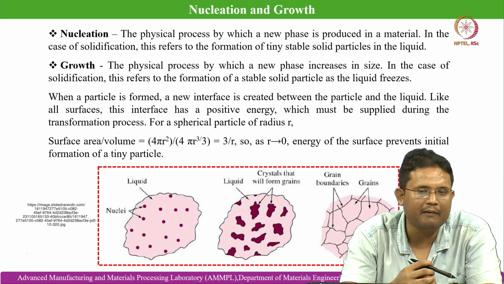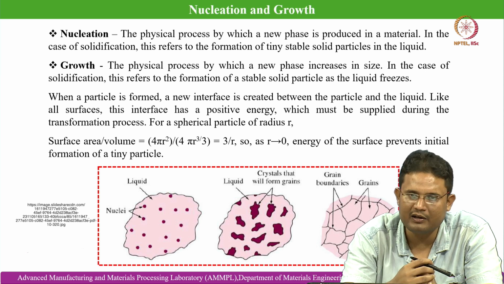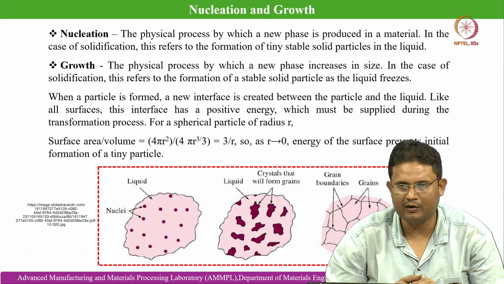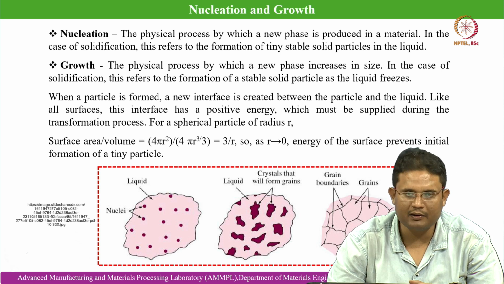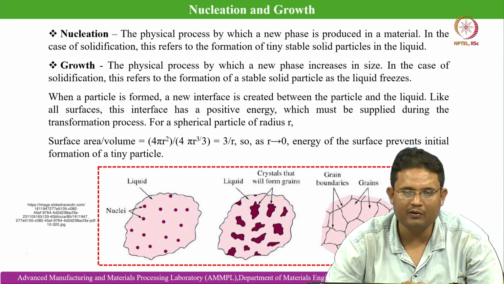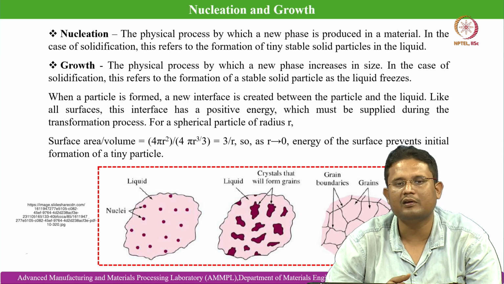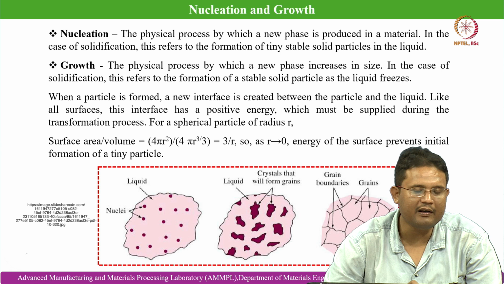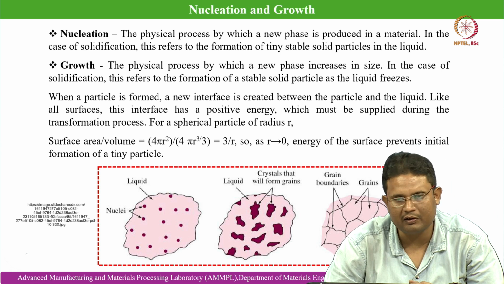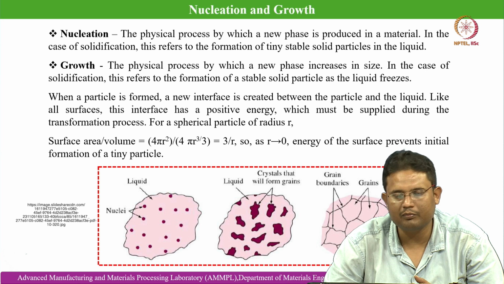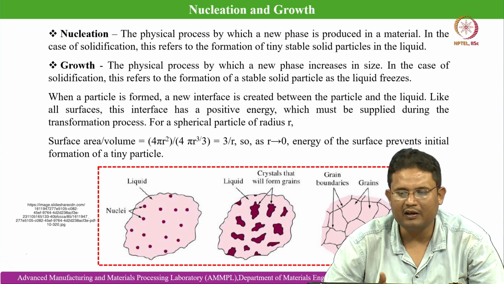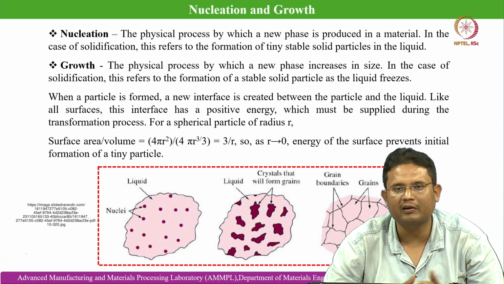Then based on certain conditions, its free energy, and the critical radius for nucleation for that particular metal and solidification condition, it determines whether that nucleated nuclei will survive or dissolve back within the melt. If it survives, it shows a tendency to grow. That is the growth phase of the nuclei. The physical process by which a new phase increases in size is called growth.